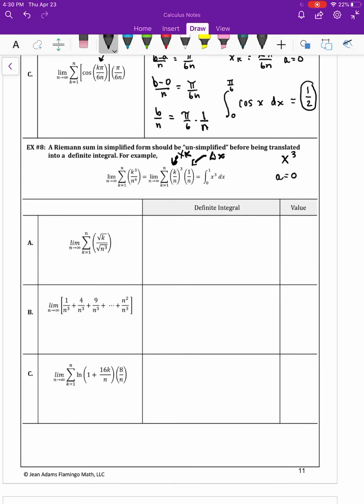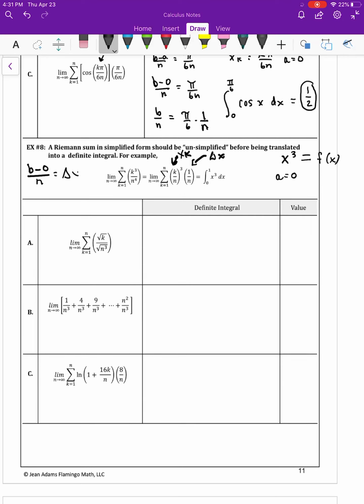That k over n tells me that it's not plus or minus anything. That tells me that my a is 0 because this is my x sub k. And remember, that's a plus delta x times k. So you can see that your a is 0 there.